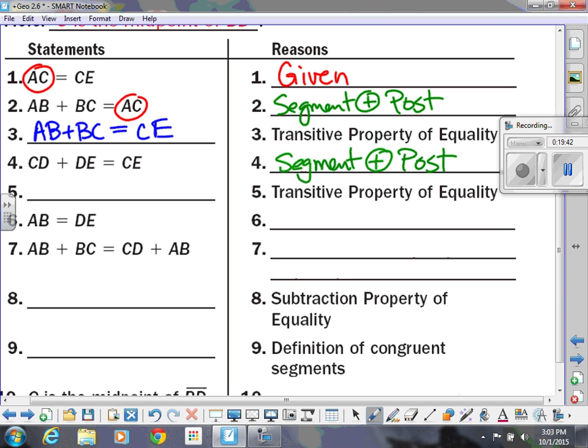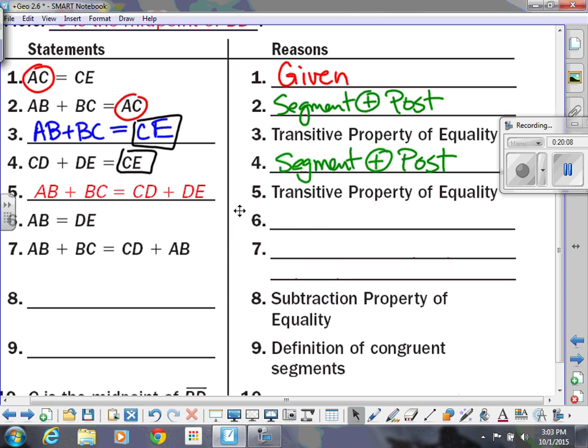And then they want us to use transitive property again. Okay, so if you look here, what's repeated? The CEs are repeated. So my new statement should be, CD, I have it already.